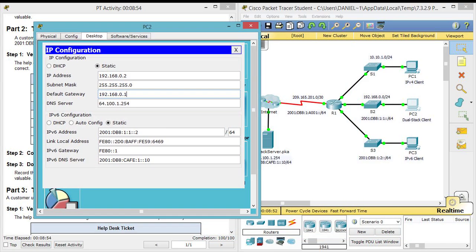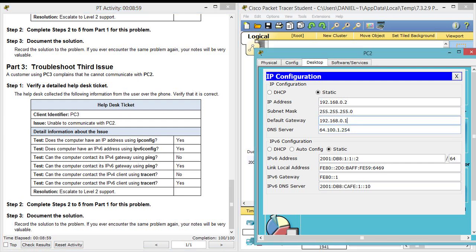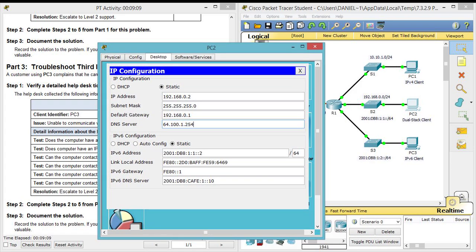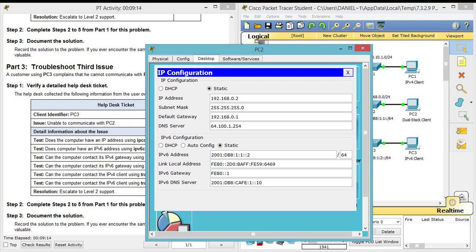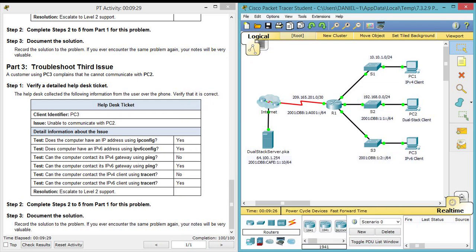So for PC2, was it? Yeah. So when you can't communicate with PC2, obviously there's going to be IPv4 and IPv6 information sent from different computers to each other, and I guess that's just the reason why they couldn't communicate. They didn't really do a good job of explaining this in the modules, but I believe that is the answer to why they could not communicate. But anyway, that's the end of this very confusing lab.